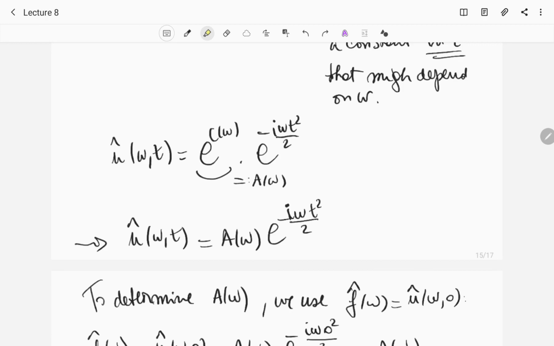Okay, now we need to find who is A of omega, and we have the initial condition for this equation.